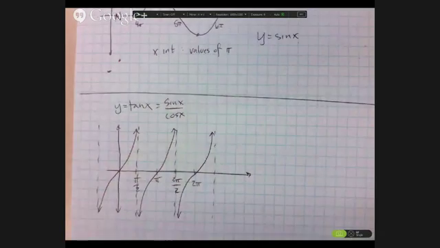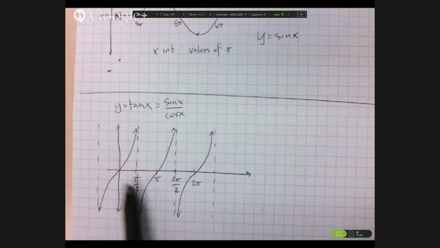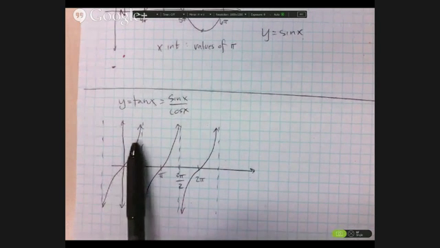Okay. Yeah, it's a little bit more funky, but it's built because it's sine over cosine. So wherever cosine is 0, it's undefined. We have a vertical asymptote. What happens as tangent approaches pi over 2 from the left? What is the y? What happens to y?